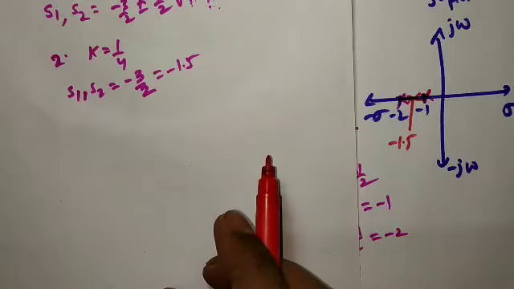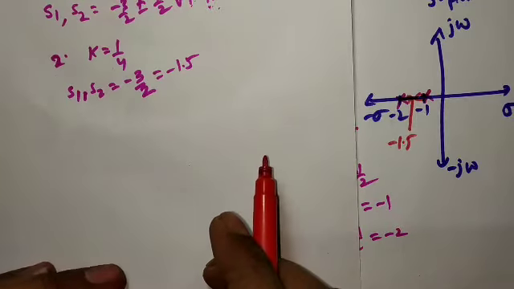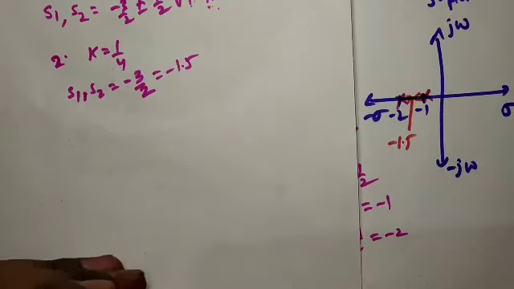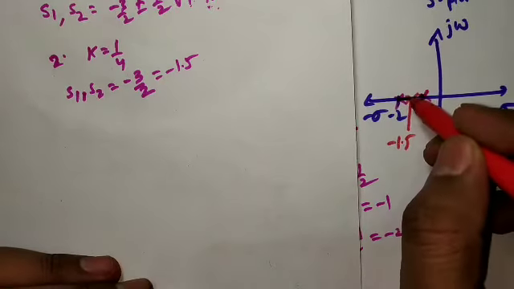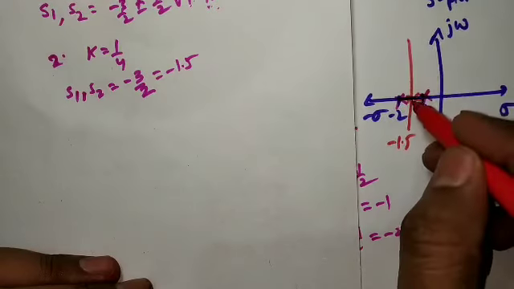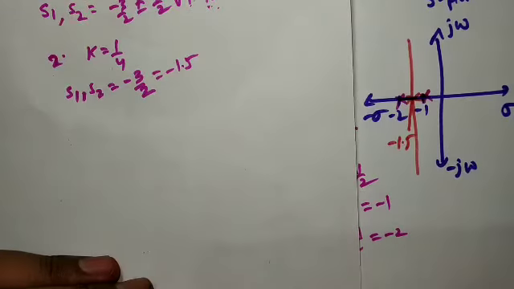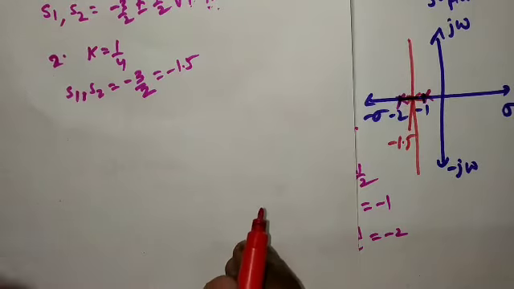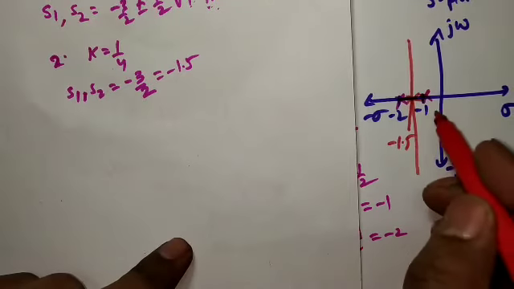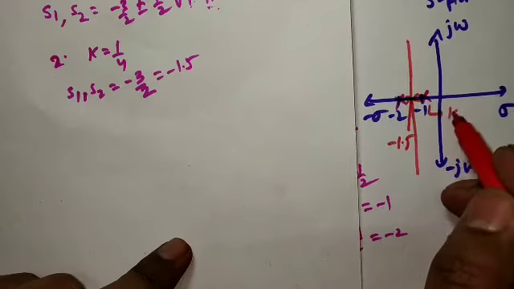If you further increase the k value, these roots will break away, and one root will go in this direction, another in this direction.